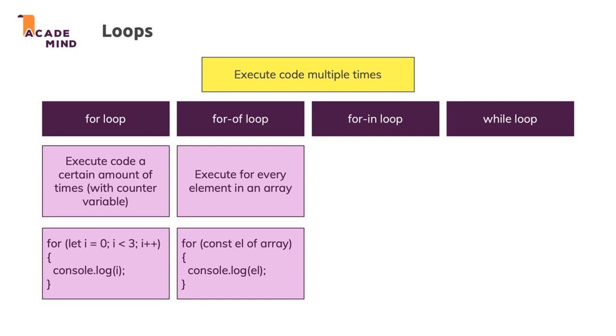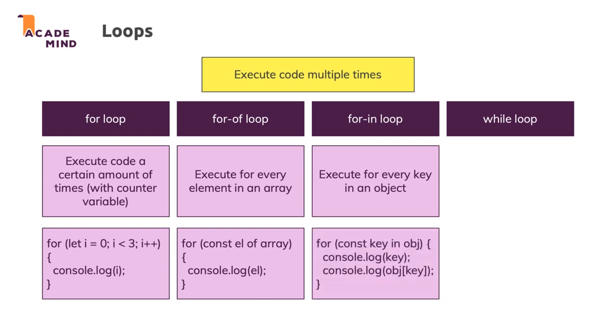And this is convenient for example, doing something with every element in the array or outputting it to the console or whatever you want to do. Now, for of helps you with arrays. We also have for in, and that allows you to execute code for every key in an object. This is how it looks like.